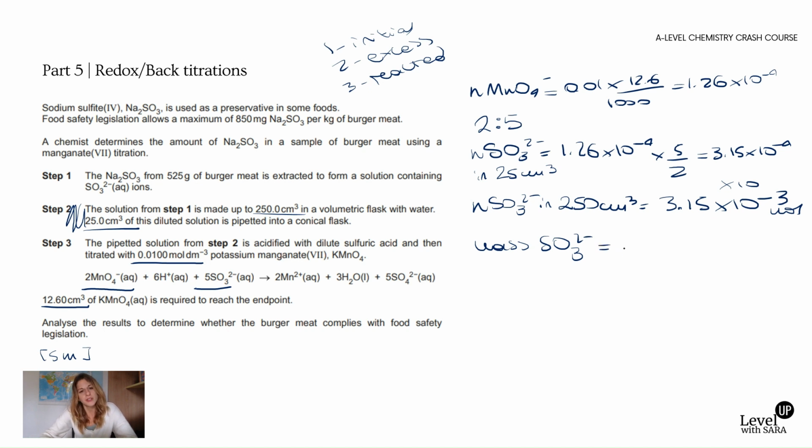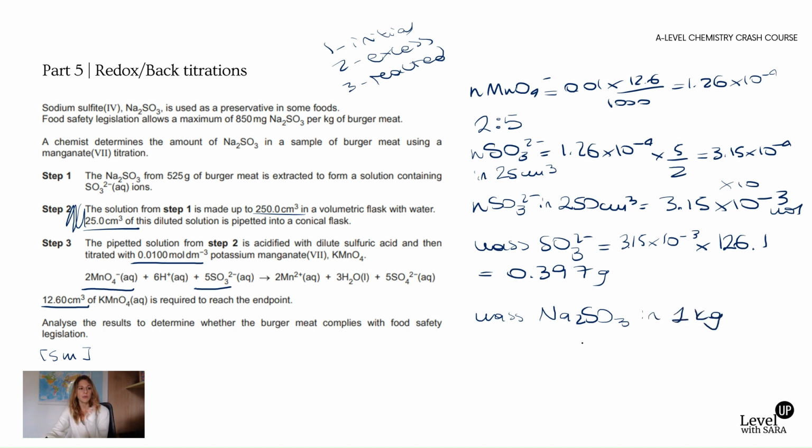This is a bit more of an actual redox titration than a back titration, but it would still follow the same steps. So it would be 3.15 times 10 to the minus 3 times the MR, which is 126.1. This gives us 0.397. So now we're able to find the mass of this Na2SO3 that was present in 1 kilo of meat.